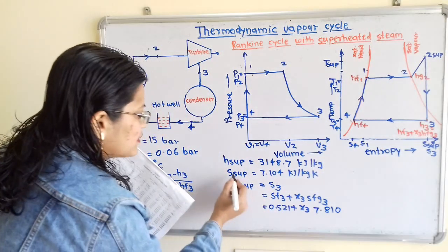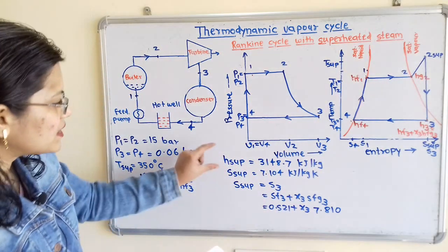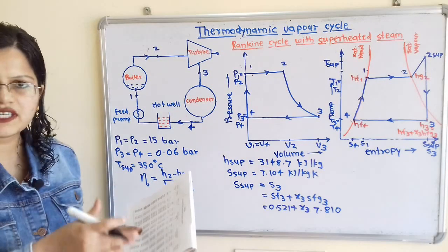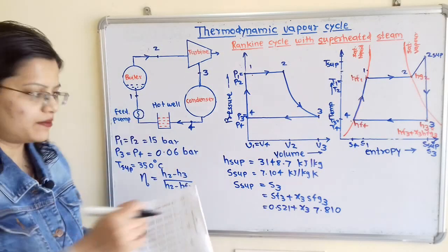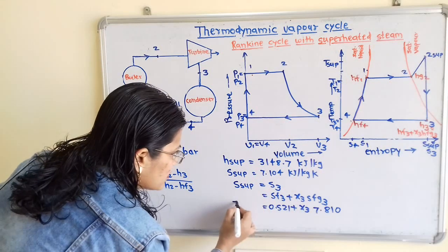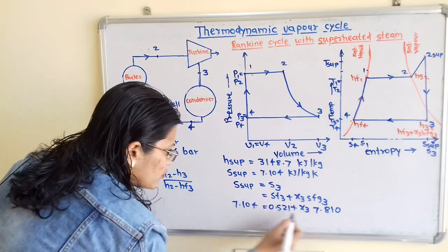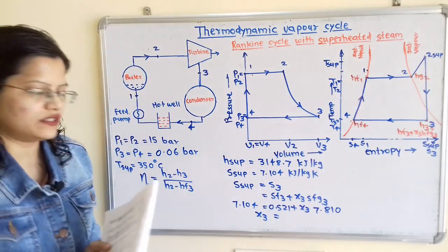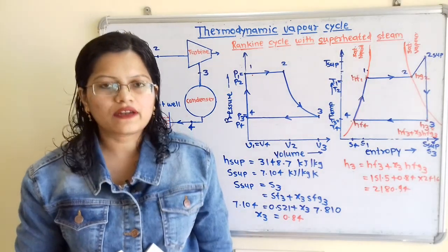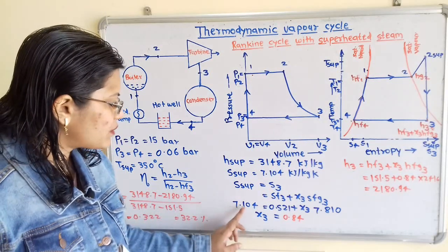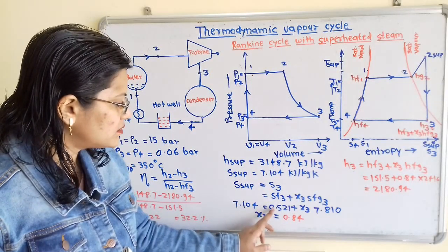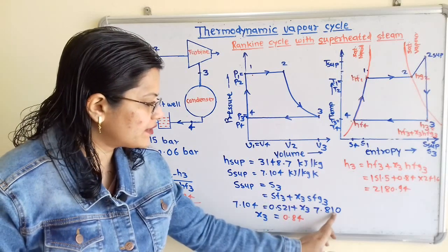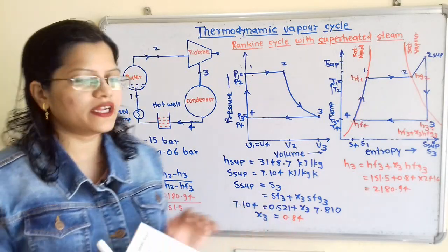And what is the value of S superheated? We take this value from the superheated steam table, which is given at the end of this steam table book. It is 7.104. So here there is only one unknown term, X3, and we can calculate it. X3 is (7.104 minus 0.521) divided by 7.810, which is equal to 0.84.